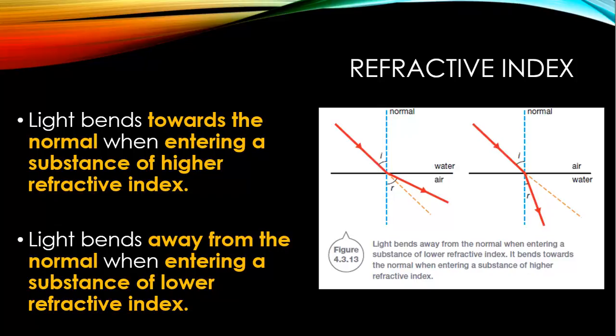When light is traveling from air into water, the angle of refraction decreases, so the line comes more towards the normal because water has a higher refractive index than air does. A little bit complex to understand, but once you practice this and see it through a practical, it makes sense and you can start to understand this idea of refraction.